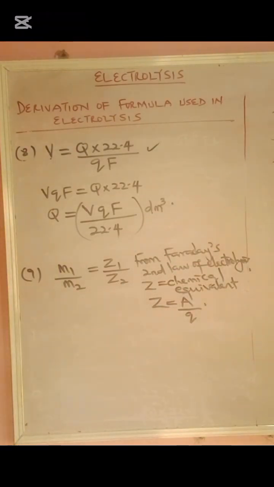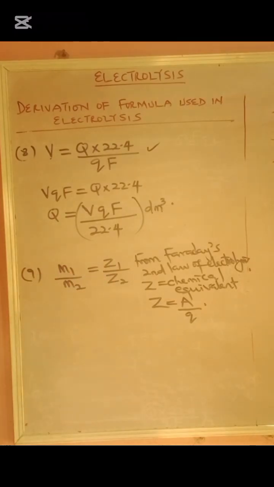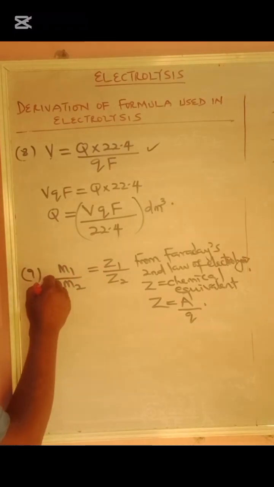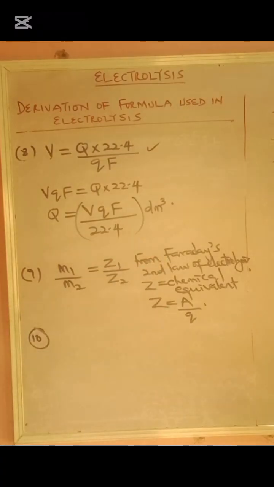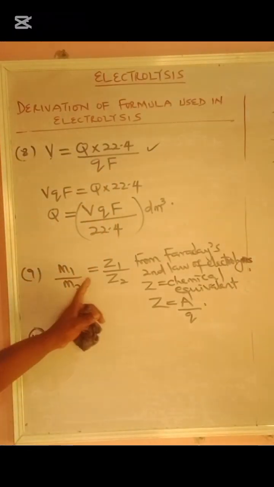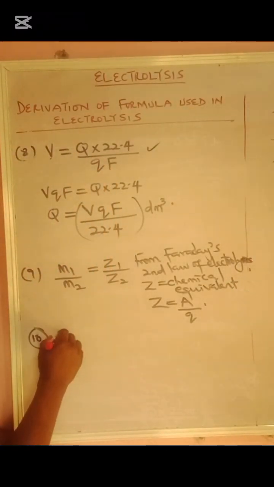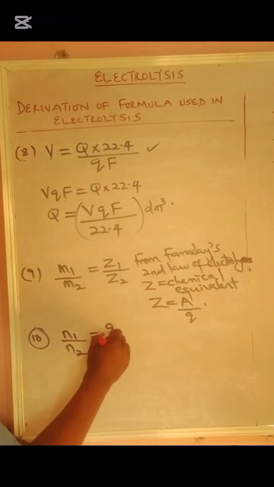You will see how we obtain Z and the formula. There are two formulas under Faraday's second law of electrolysis. The first one is written in terms of mass and chemical equivalent. The second one is number of moles: N1 over N2 is equal to Q2 over Q1.